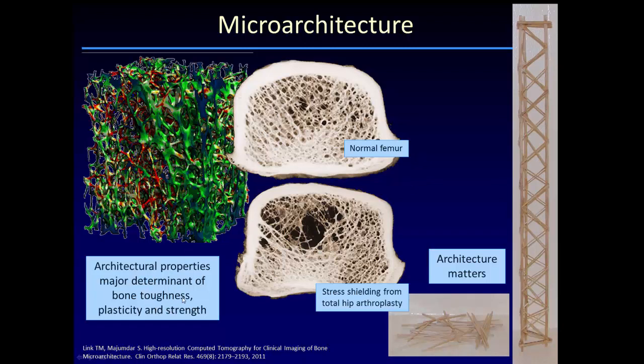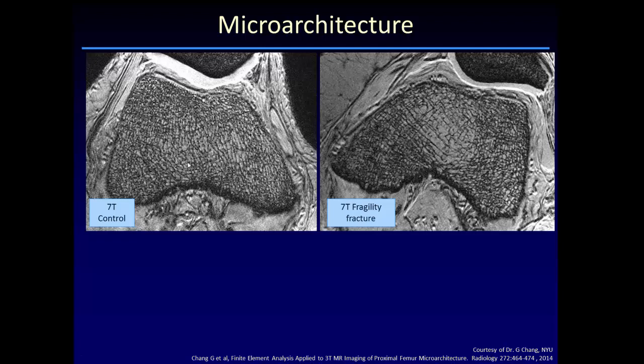But at this point, our imaging availabilities for how to measure architecture are rather limited. This is an in vitro analysis of microarchitecture of bone using computed tomography, and these are some images from the group at NYU given to me by Dr. Chang, showing the use of high-resolution MR for looking at microarchitecture.